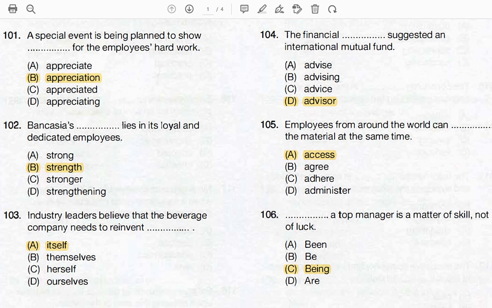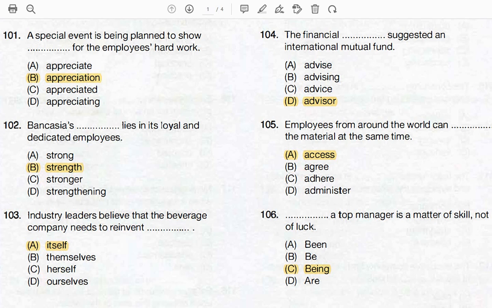Advise is a verb with S option. Advice with C is a noun. And advising is a participle. Actually, advice with C option is a noun, but cannot make any suggestion. So that's why advisor, financial advisor.